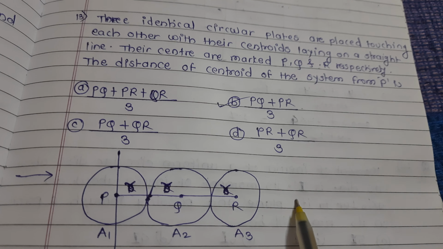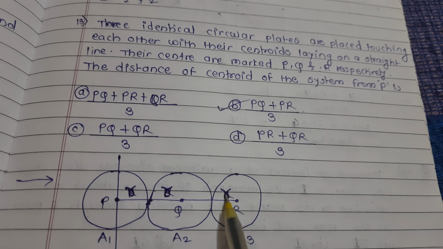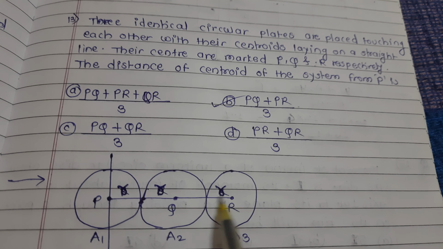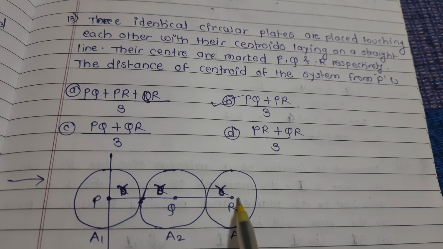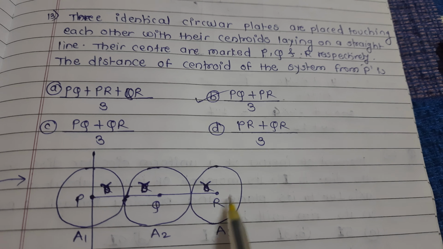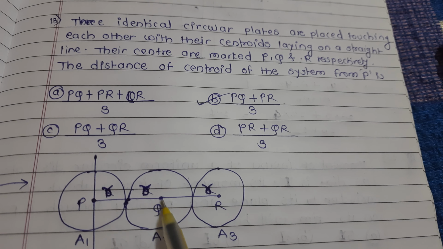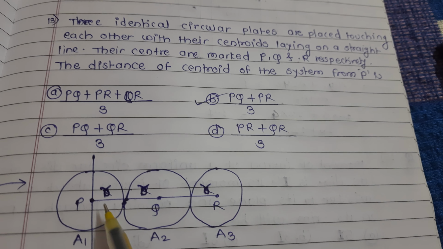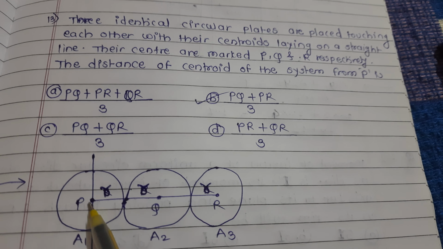Three identical plates are placed touching each other with their centroids on a straight line, marked P, Q, R respectively. Hence this is y bar, this is x bar. Now again we have to use the formula for the centroid of a composite figure.